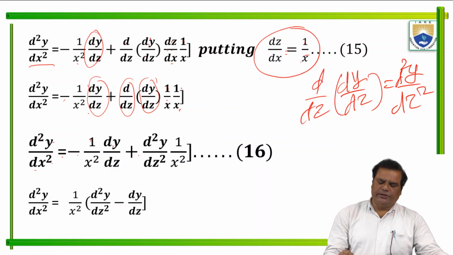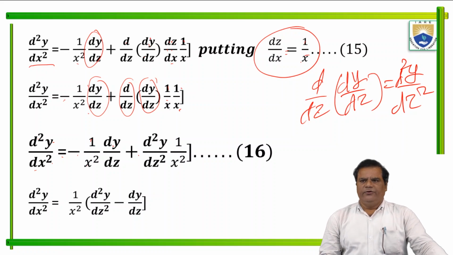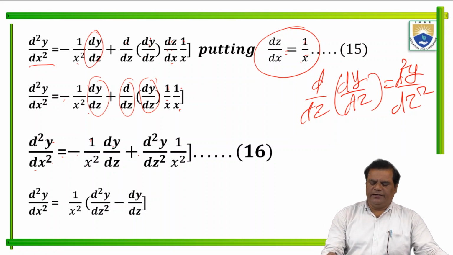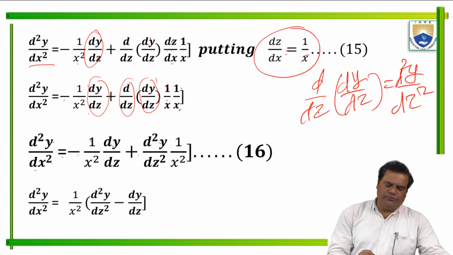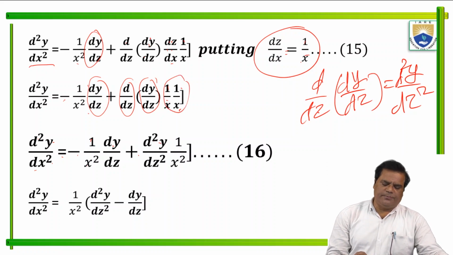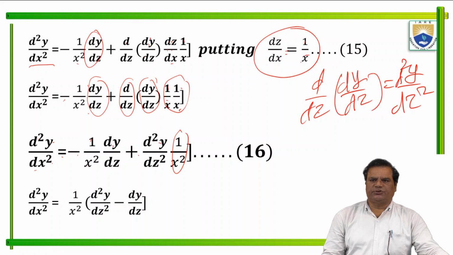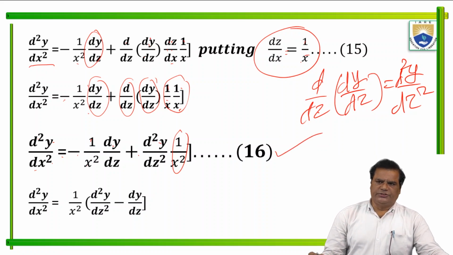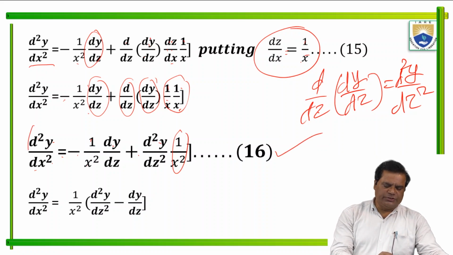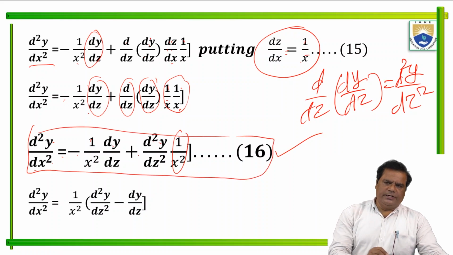Two times differentiating y with respect to z gives d2y/dz2, and 1/x into 1/x is 1/x square. So this is equation 16. Equation 16 is the most important equation.